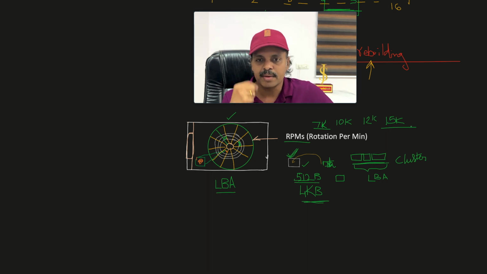If I am referring to a set of blocks or a set of sectors, you can call that a cluster. A group of blocks or sectors will have an address, LBA, logical block address. I am not talking about the physical address here.